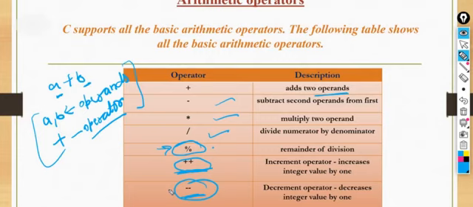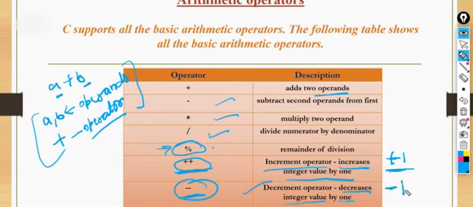The increment operator increases the integer value of the variable by 1, and the decrement operator decreases the integer value by 1, doing minus 1.